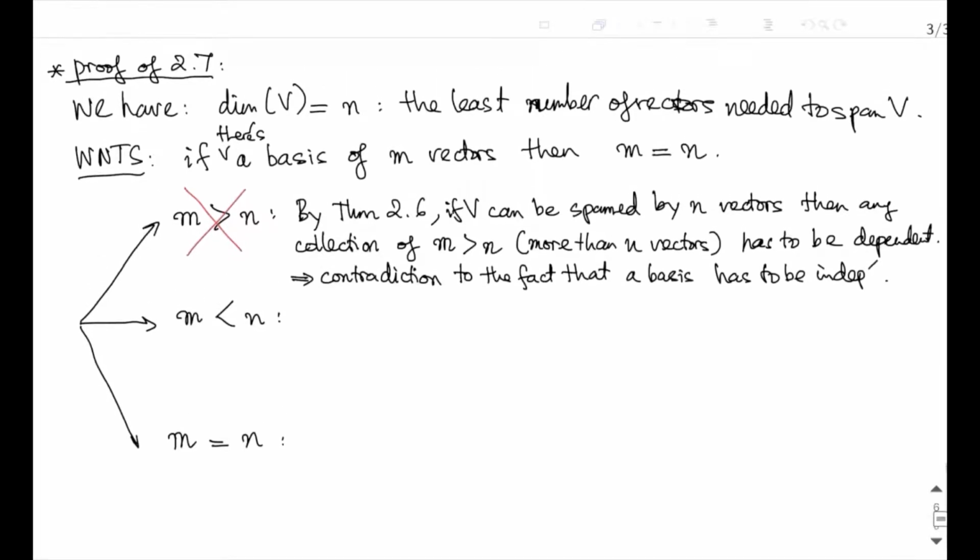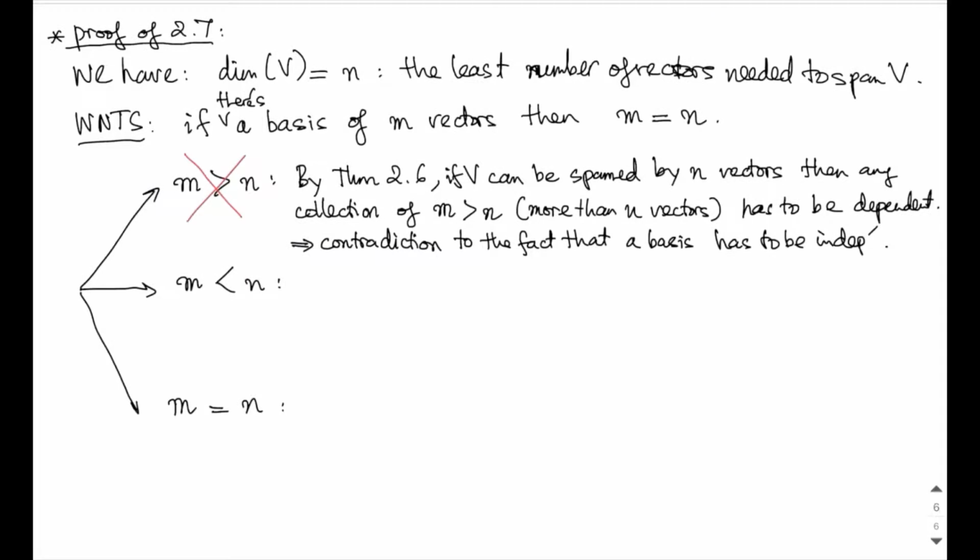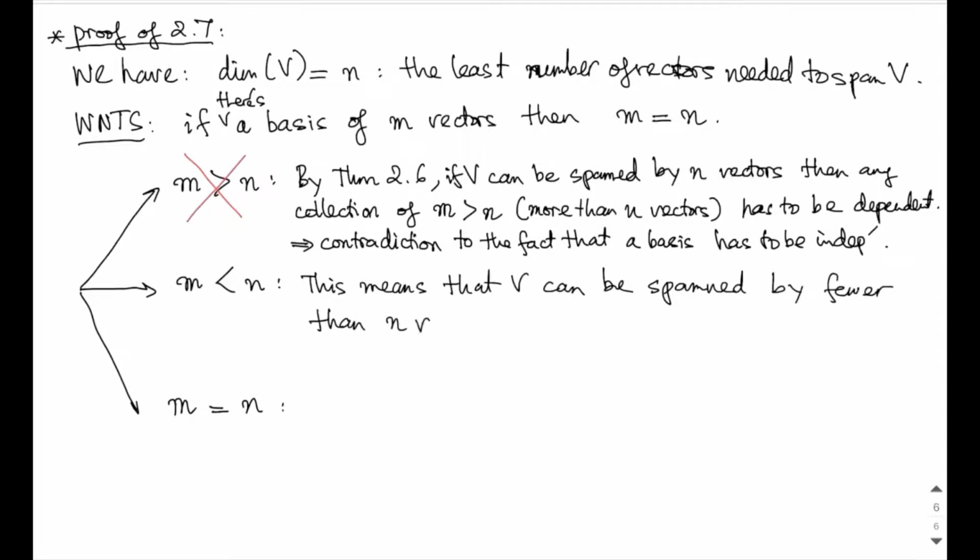Now, next case, if m is less than n, then this means that V can be spanned by fewer than n vectors. Why? Because being a basis means being a spanning set as well. So if the set of m vectors is a basis, the set of m vectors is a spanning set.